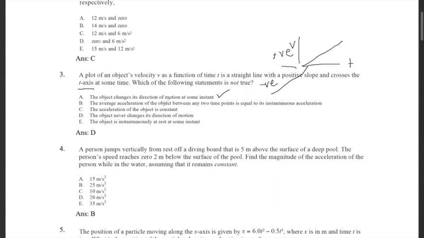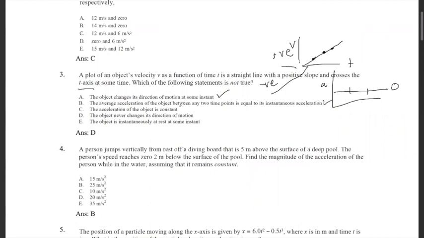Yeah. As the graph is a straight line, we know that its gradient is constant, a straight line with zero gradient change, right? We know that the gradient of a velocity-time graph is acceleration. So if we take these two points and take the average, or take a single point for the instantaneous acceleration, all of them are going to be the same. Okay, so this one is true as well.